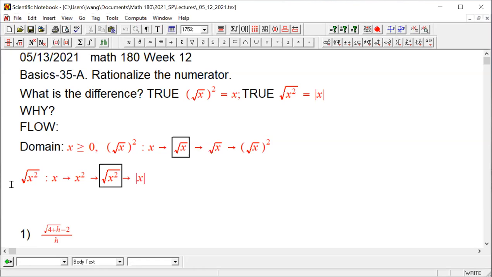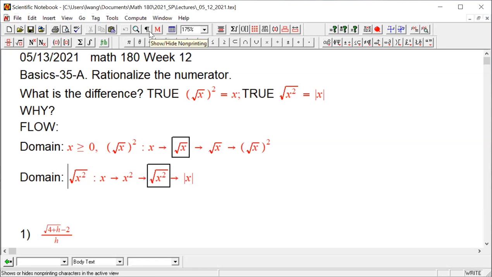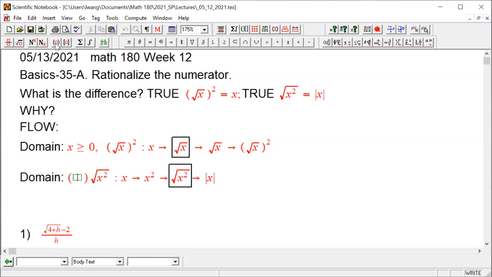So how about the domain here? It can be any real number. The domain here is any real number will do, because you're going to square that number. Do you follow me?